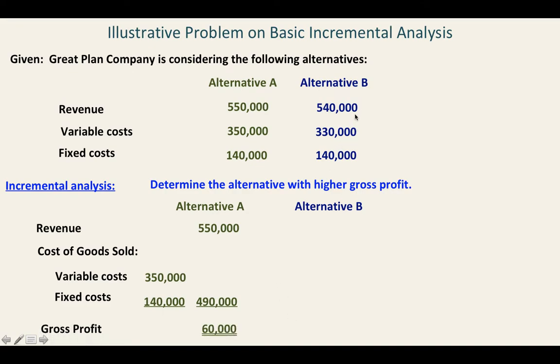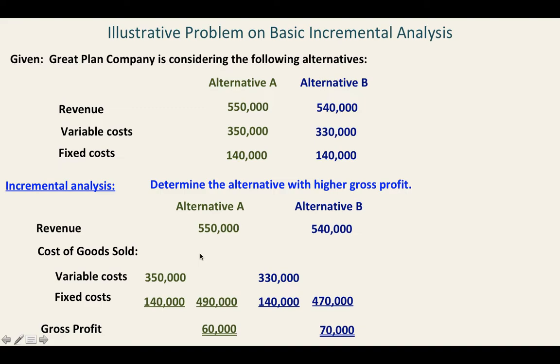And on alternative B, our revenue is 540,000, variable cost of 330,000, fixed cost of 140,000 for a total of 470,000 and a gross profit of 70,000. By merely looking at these two alternatives, we can already conclude that alternative B provides a higher profit by 10,000.